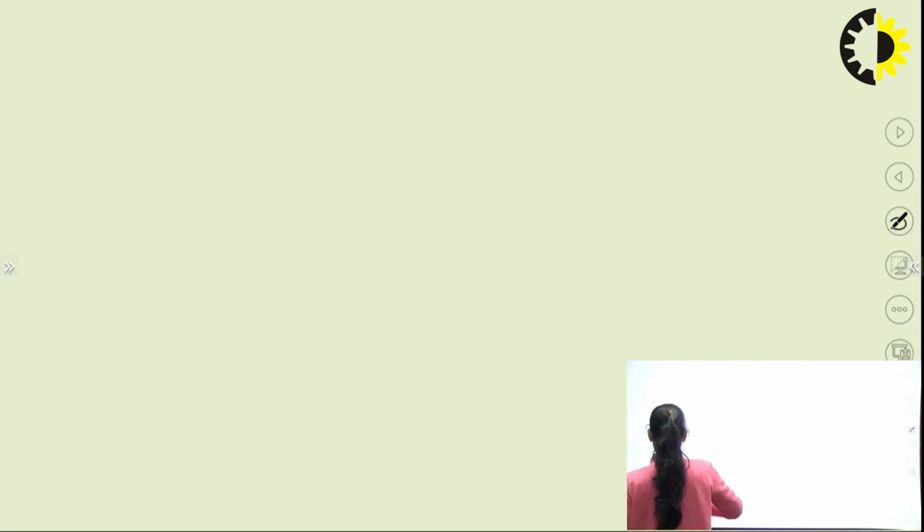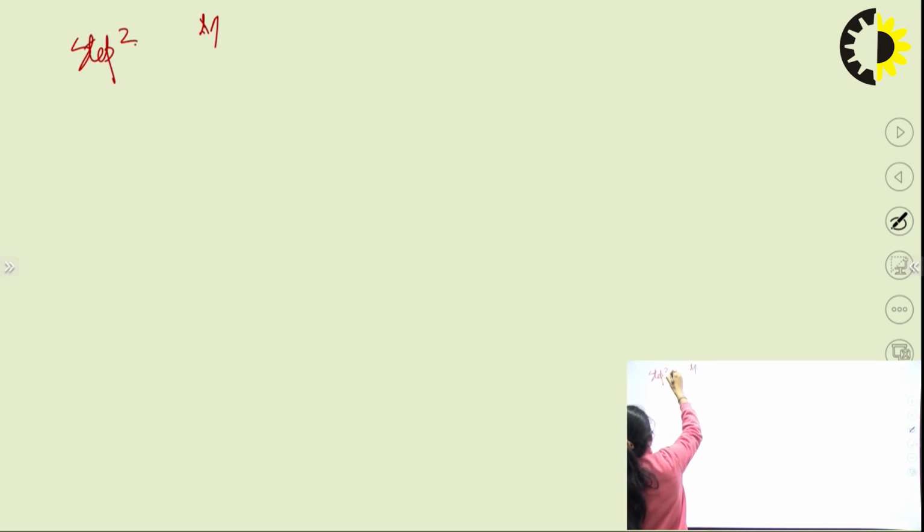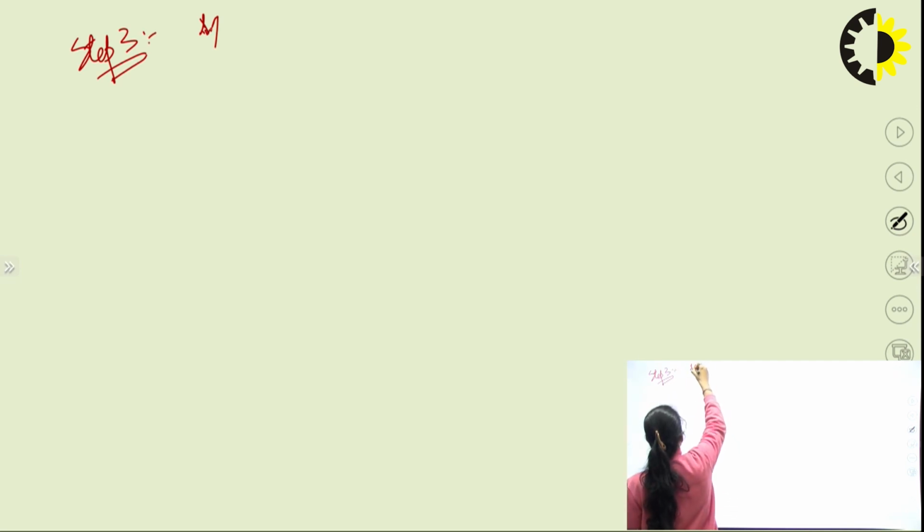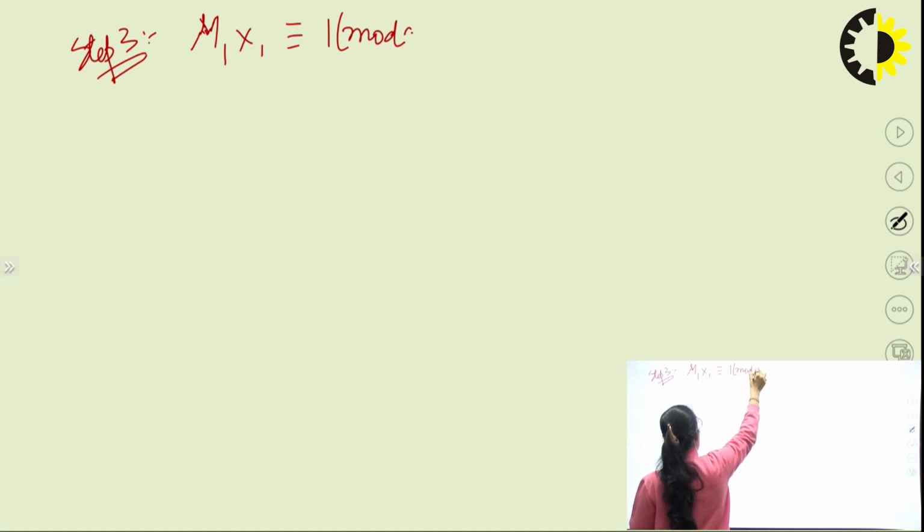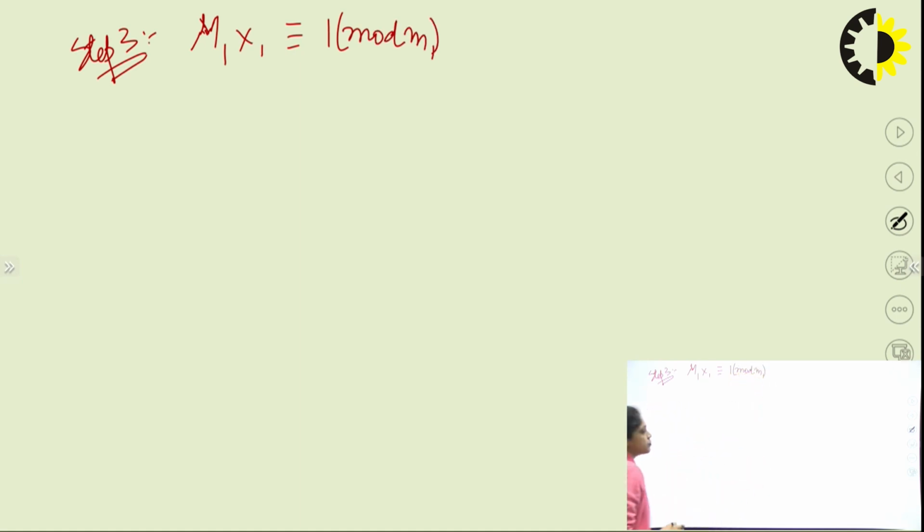the values of m1 x1 is congruent to 1 mod m1.